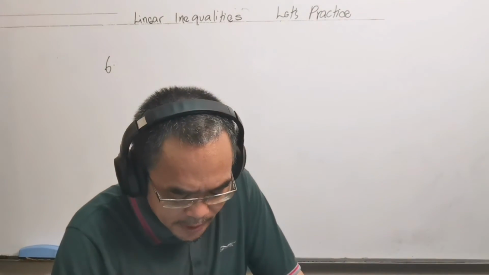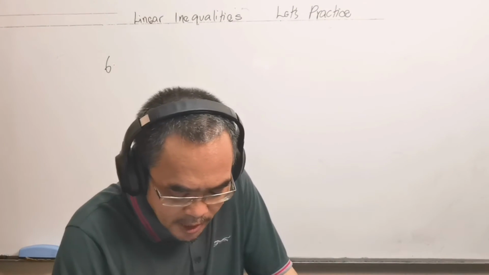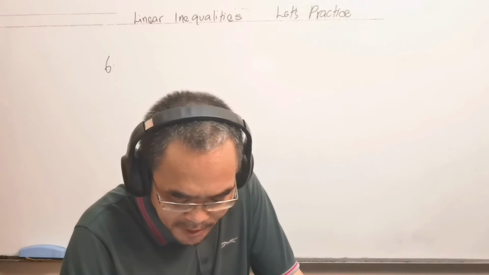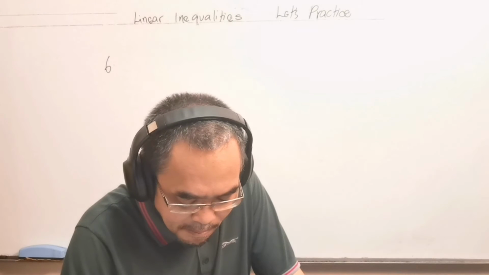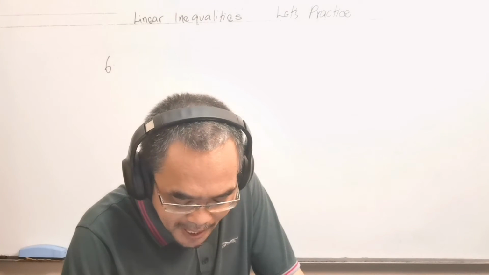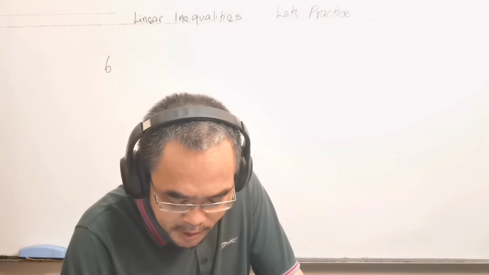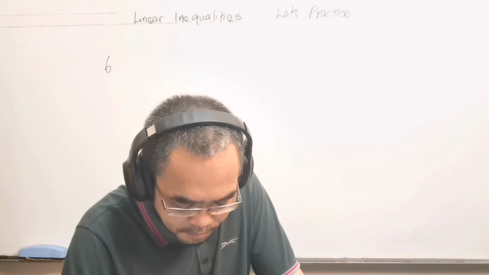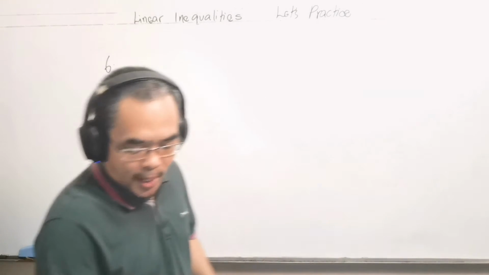Okay, question number 6. Your link has 4 metal balls. Each ball has the same mass. Diagram A and diagram B show the position of the balances when your link weighed 1 metal ball and 4 metal balls respectively. Okay, diagram A shows what?